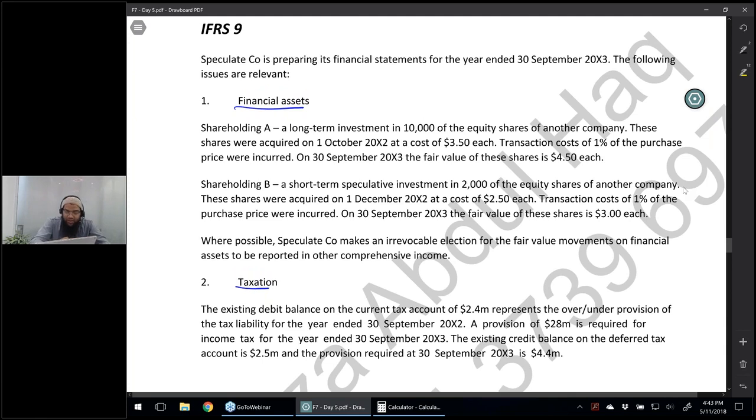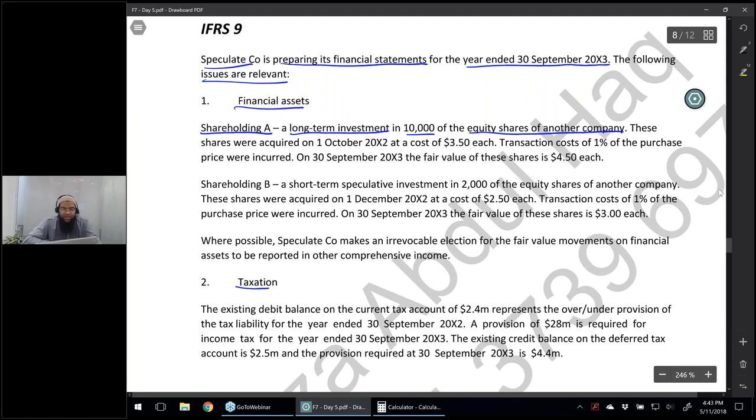Shareholding A. This is a long-term investment in 10,000 equity shares of another company. Long-term investment means fair value through OCI. These shares were acquired on 1st October 20x2 at a cost of 3.5 each.